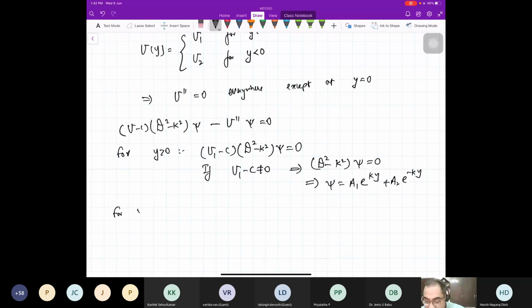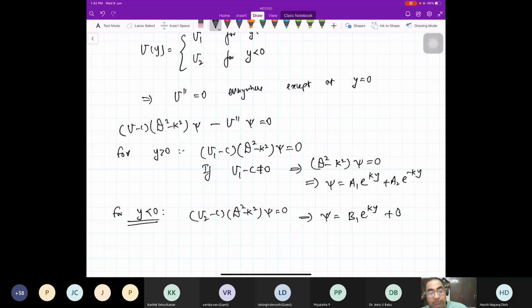Similarly, for y less than 0, u2 minus c times d square minus k square of psi is 0, I immediately get, if I again assume u2 is not equal to c, psi is equal to b1 e power ky plus b2 e power minus ky.